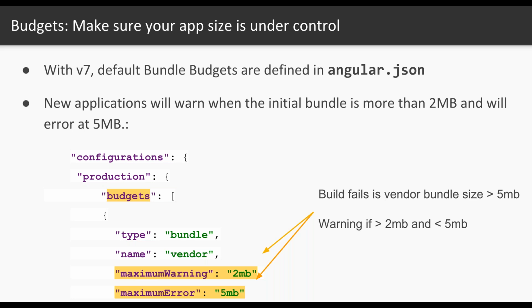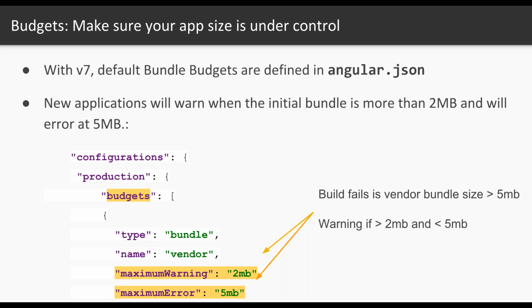So that's a way to keep the size of our web application under control. And when we use budgets, in version 7 of Angular, that's the default config that we have. The build would fail if the maximum size is more than 5 megabytes.